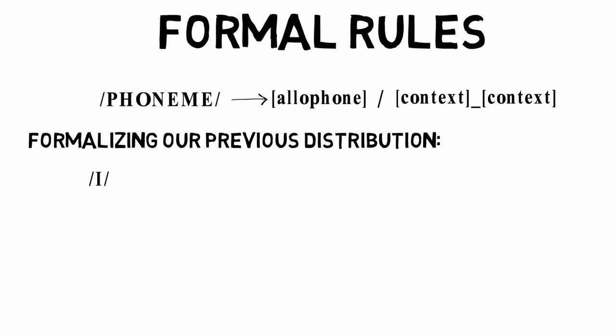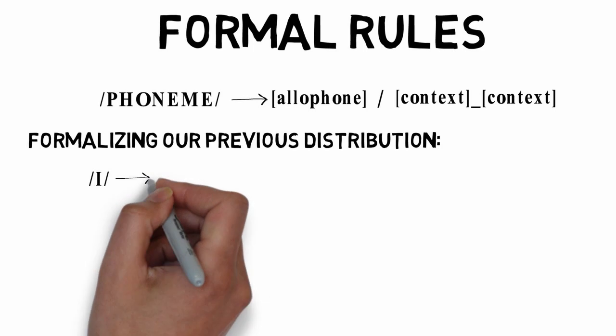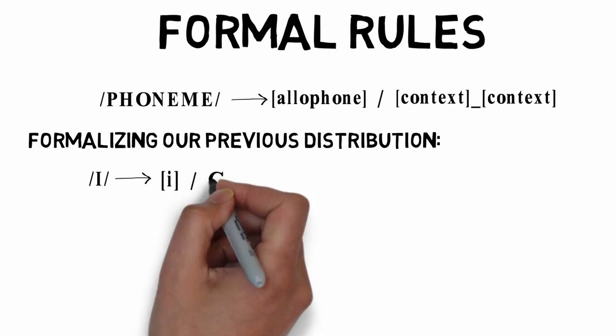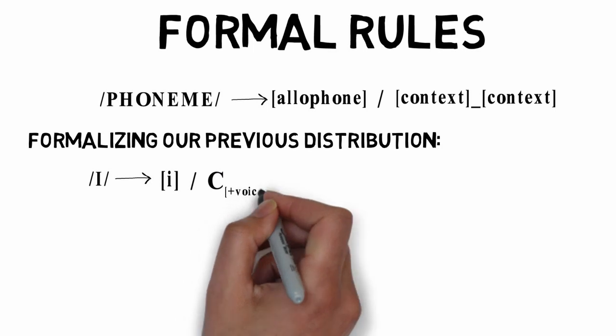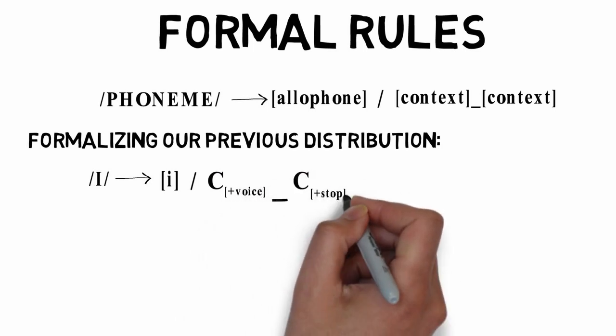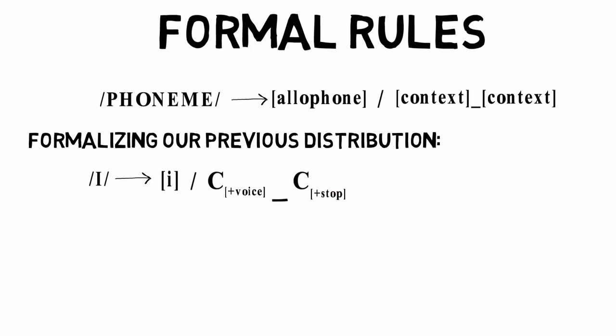It's used in the elsewhere contexts. So, I becomes E, again in square brackets here, when, denoted by a slash, there is a voiced consonant before and a voiced stop after.